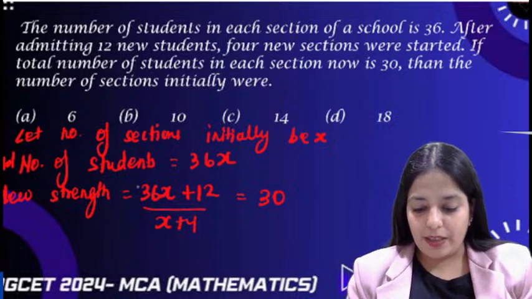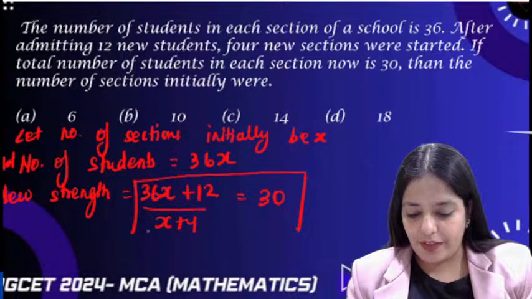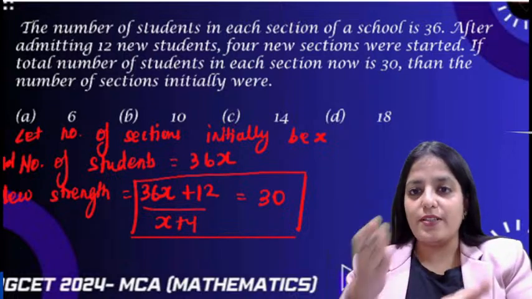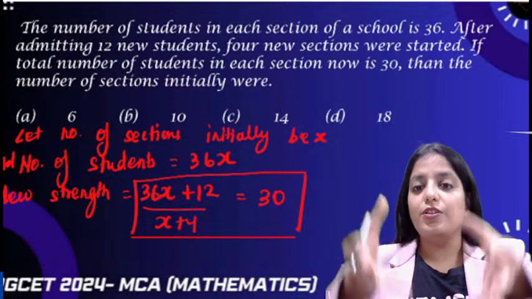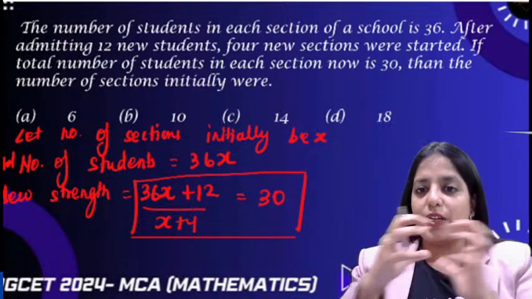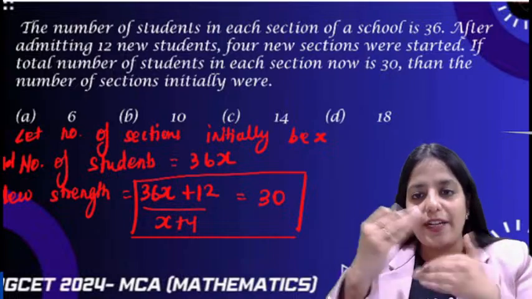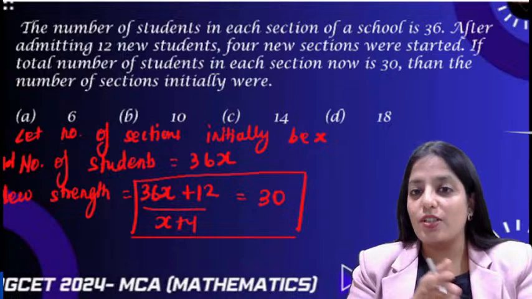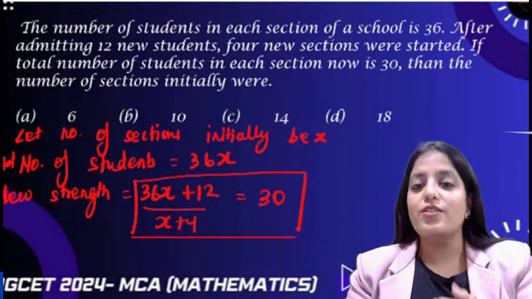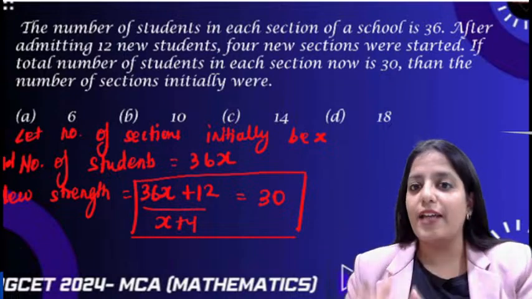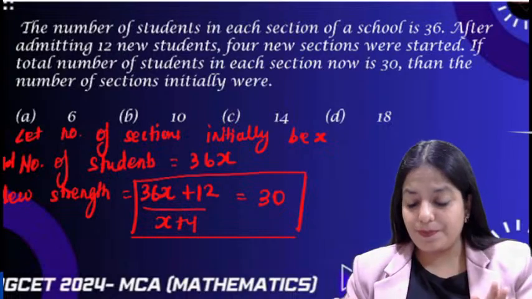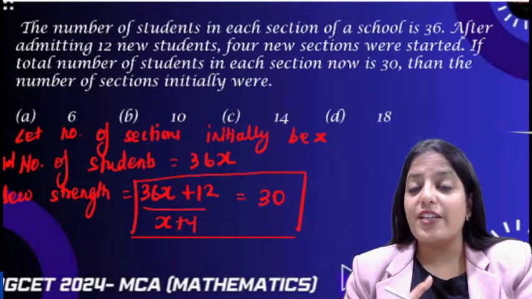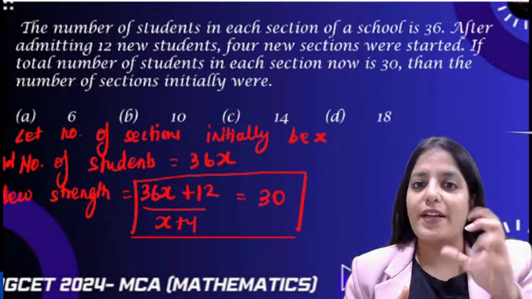How did I frame this equation? The new strength was 36x plus 12. The new number of sections were x plus 4. So when you divide both, you will get the number of students in each section, which is equal to 30 now after the admission. So I have the equation. What have they asked me to find? The number of sections initially, that means you need to find x.